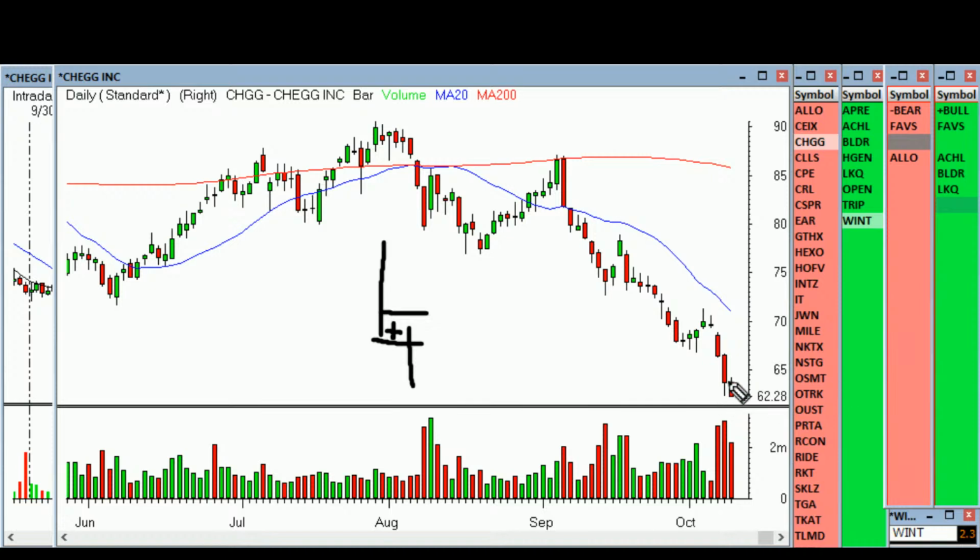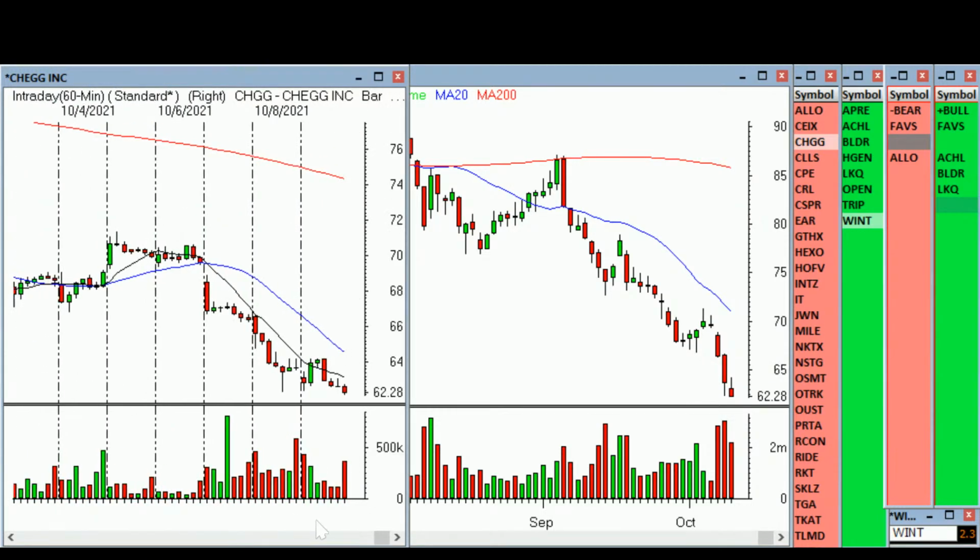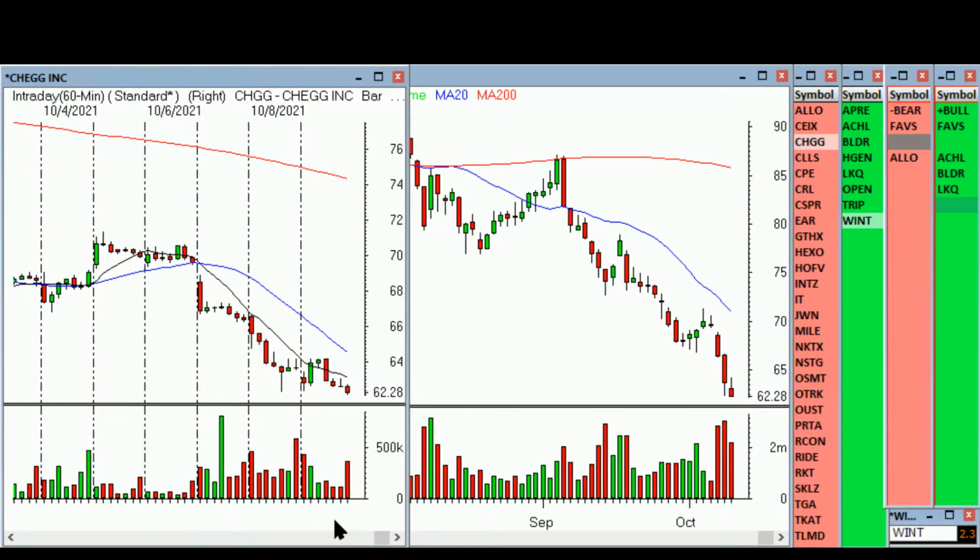When I have a 1 2 3, I like that doji bar, the inside, second bar, bar number 2, to be a base on the hourly chart. So if I'm doing a 1 2 3 on the daily, I like that second bar to be a base. If we were to look at the hourly here, it's not much of a base. Kind of a base, but you know, not really.